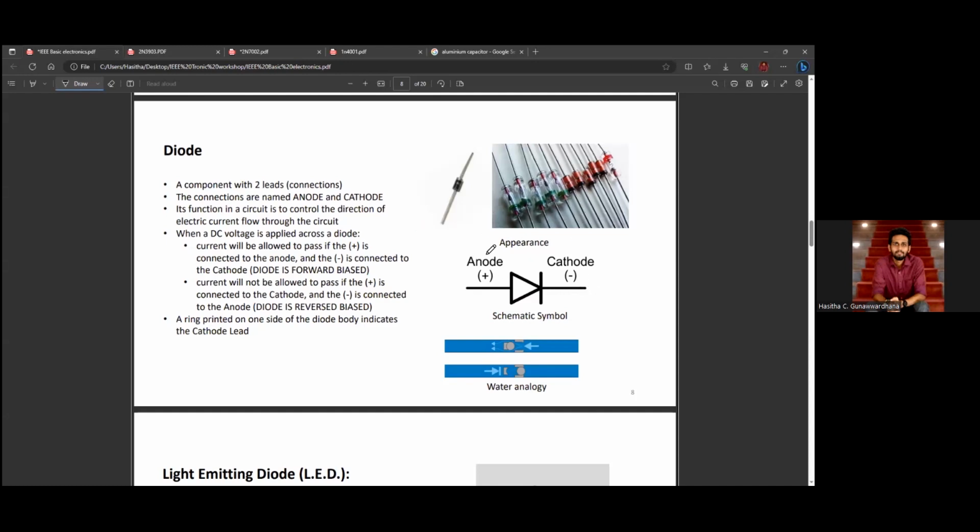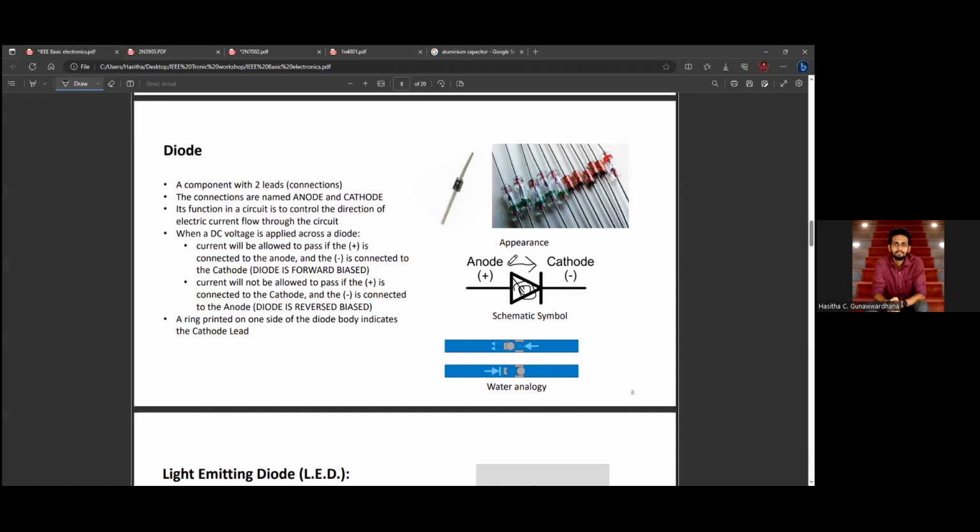This component also has two leads, and it will allow the current flow from anode to cathode. This arrow represents the current flow.